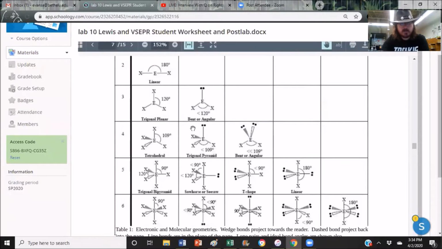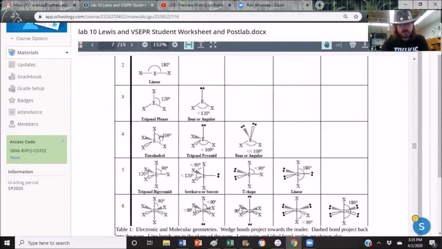Now, your molecular geometry is going to be whichever it is when we talk about the lone pairs. So you could have both your electronic geometry and your molecular geometry being the same if it's a tetrahedral structure with 4 bonds, no lone pairs.